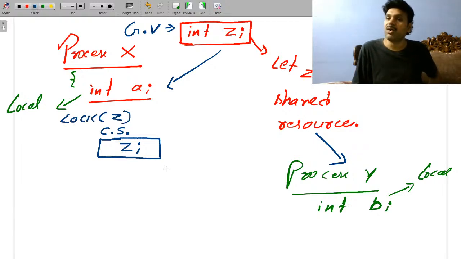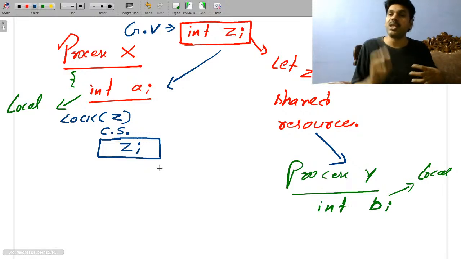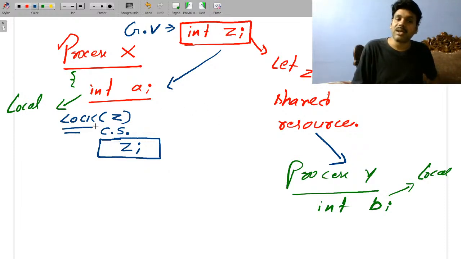When I say lock on Z, the operating system will validate whether Z is freely available or not. If Z is not freely available, you are going to be under waiting. Otherwise, if Z is freely available, your lock is granted. The operating system validates whether Z is free or not.